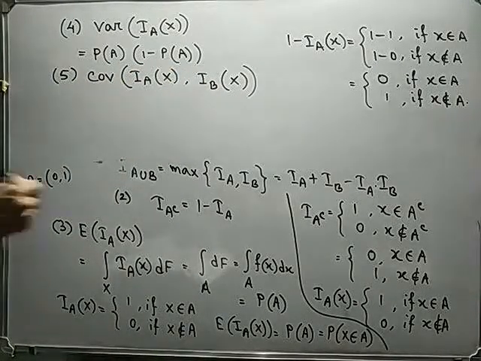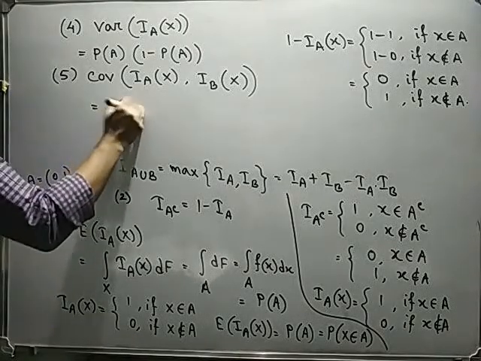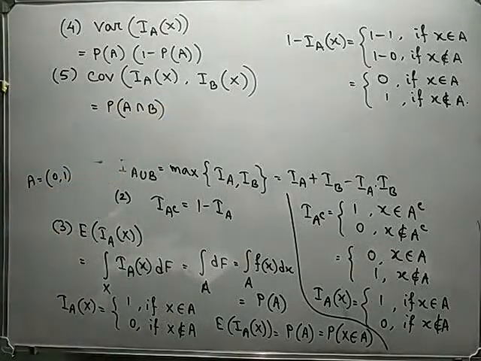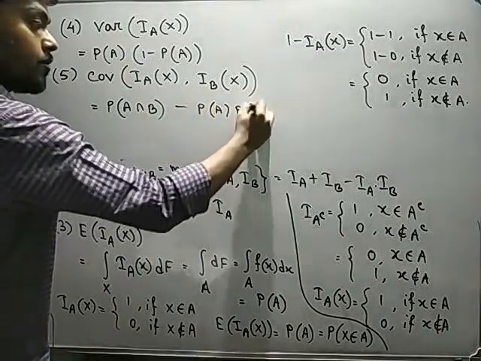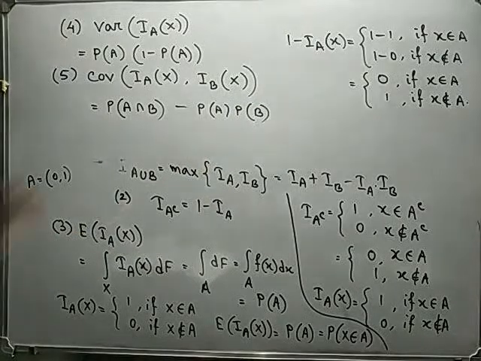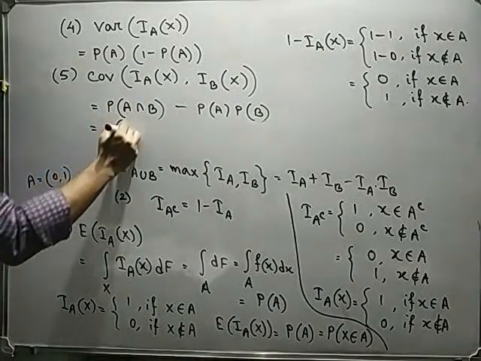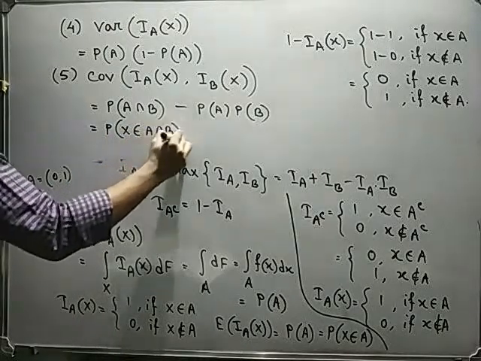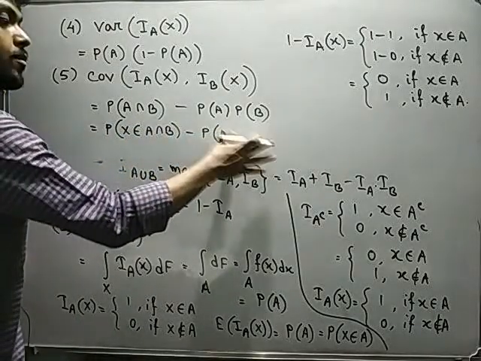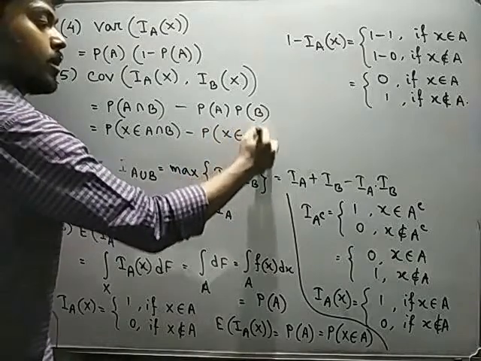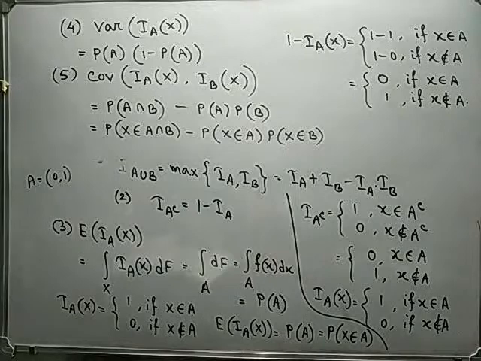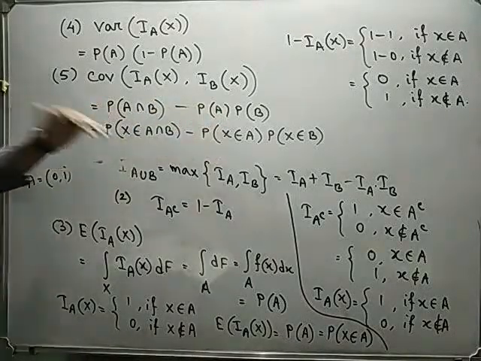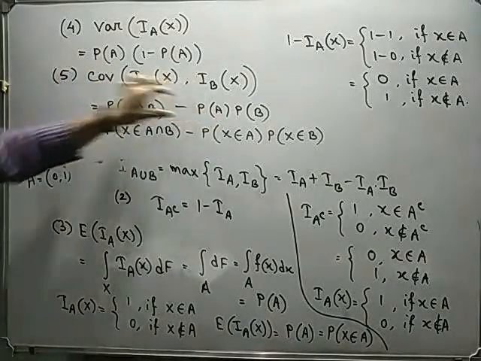This value will be the probability of A intersection B minus the probability of A times the probability of B. The literal meaning of this form is the probability of X belongs to A intersection B minus the probability of X belongs to A times the probability of X belongs to B. This is the exact form, but in short we can write it in this way.